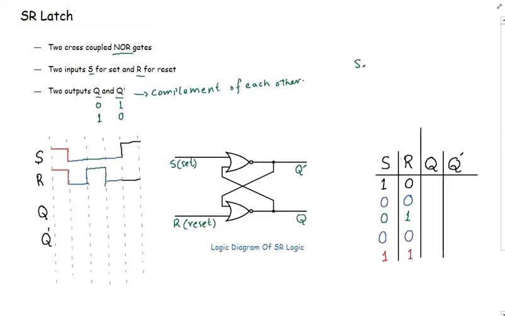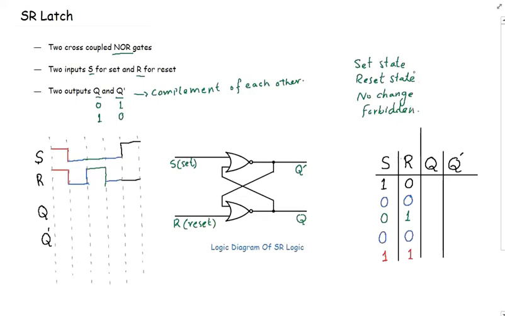One is the set state, another one is the reset state, and then we have a no change state, and finally a forbidden or unpredictable state.